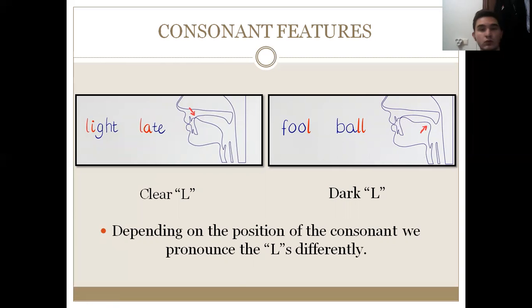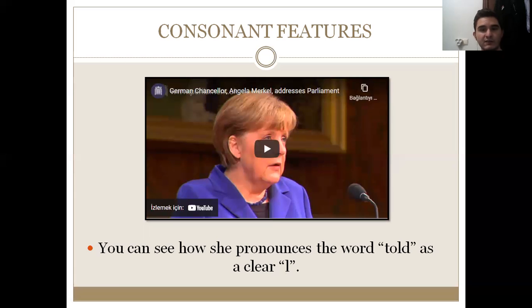So what they do to overcome this is that they don't pronounce the dark L's. They pronounce each and every single L consonant as a clear L sound. As you can see from this example, if you completed the course, you've seen this, of course. Angela Merkel addresses the parliament about something.